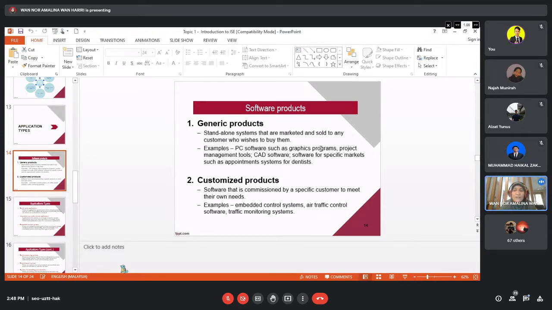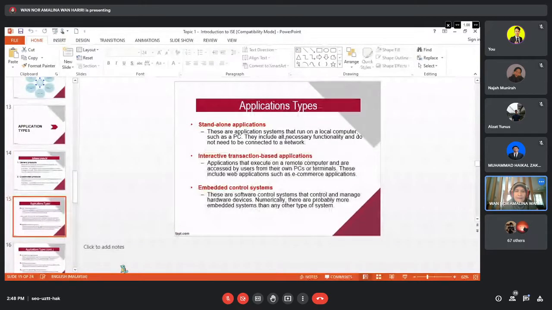Alright, and they will customize it accordingly. So software pun macam tu, ada yang generic, you can just buy off the shelf, dan setengah tu memang tak boleh, you kena approach a software company to develop it for you. Okay. Then, what about the application types?